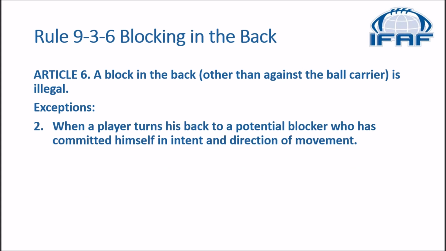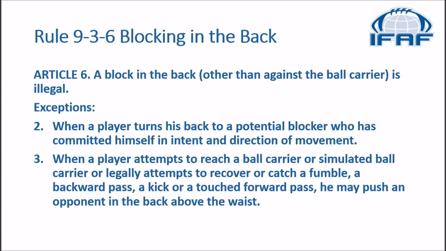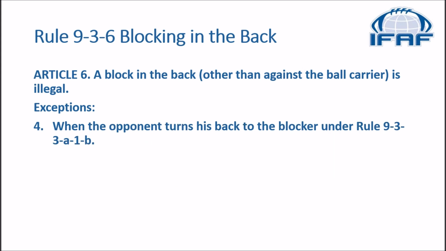Additional exceptions. 2. When the player turns his back to a potential blocker who has committed himself in intent and direction of movement. 3. When a player attempts to reach a ball carrier or simulated ball carrier, or legally attempts to recover or catch a fumble, a backward pass, a kick, or a touched forward pass, he may push an opponent in the back above the waist. 4.